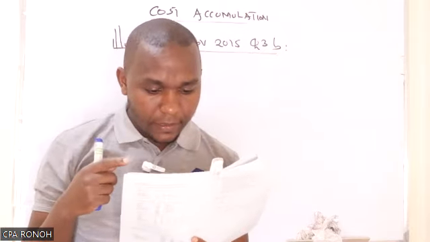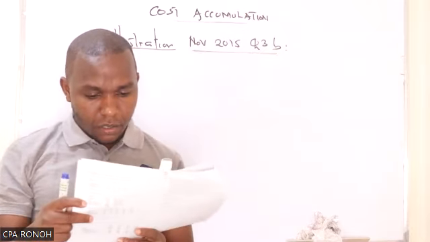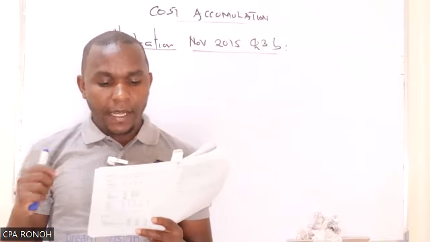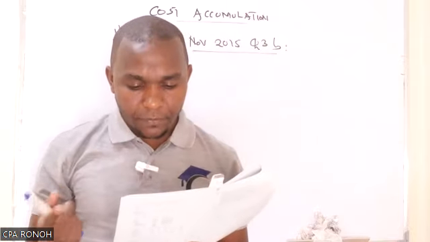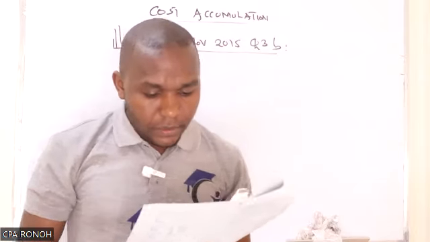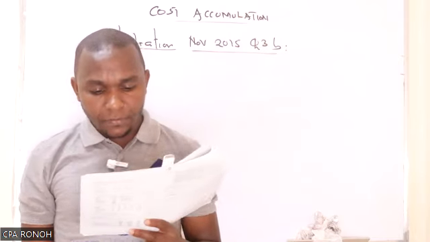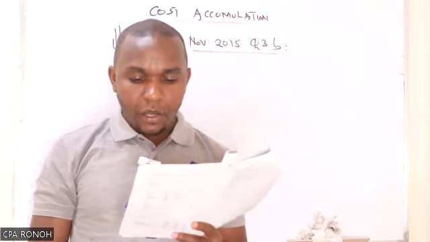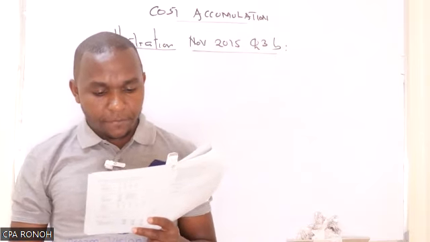Then number 4: on 21st July 2015, there was a material wastage of 5,500 units. And then a return from the June 2015 issue of 100 units at 45 shillings was received on 25 July 2015.